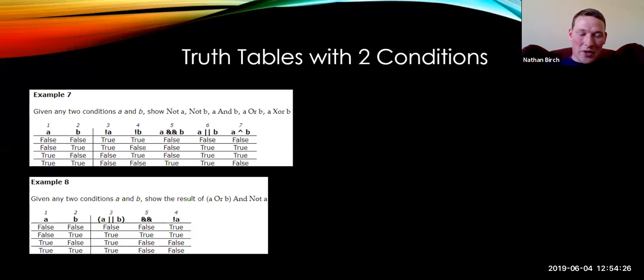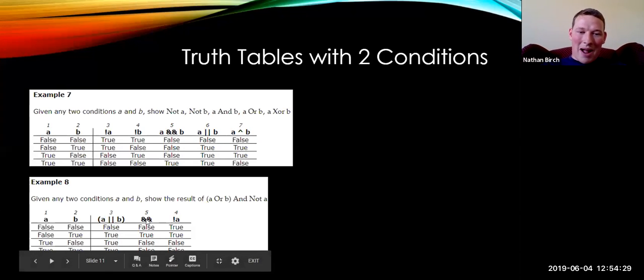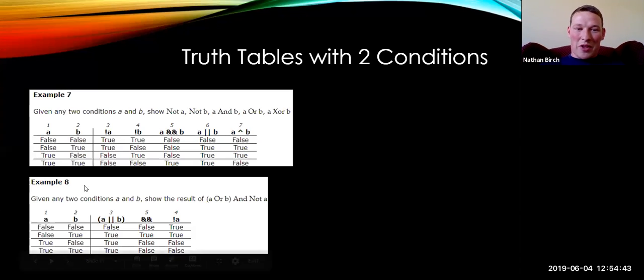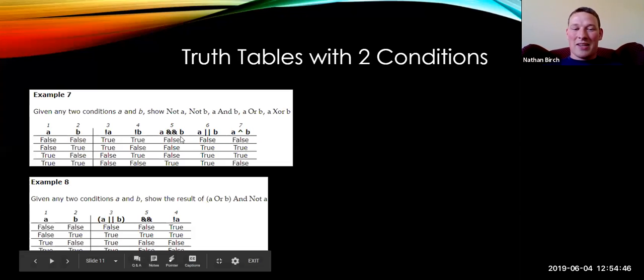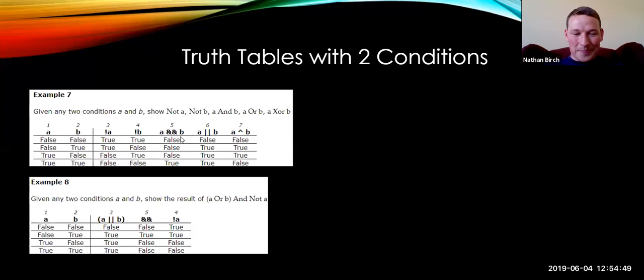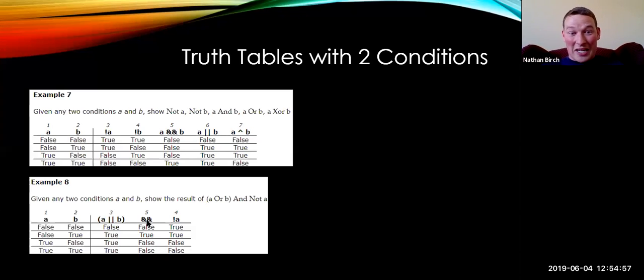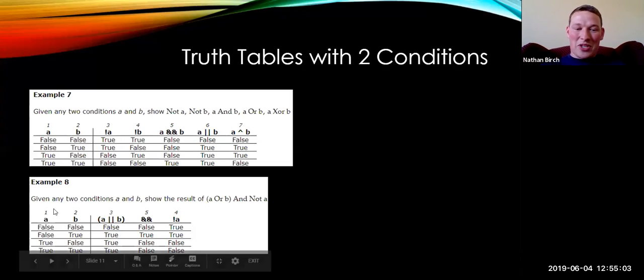Yeah, that's a great question. So this one right here, imagine if we just put a double and, like an and condition into an if statement. All of these things we could think of as being used inside of an if statement, whether I'm negating A or A and B. So in this second column 5 right here, we would never do this, because it's just an and operator with no variables, so it would check whatever was there previously.